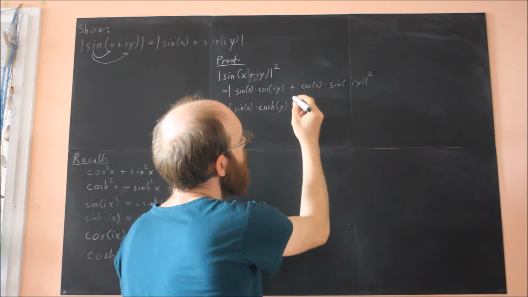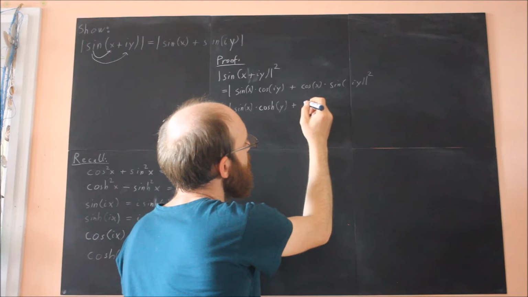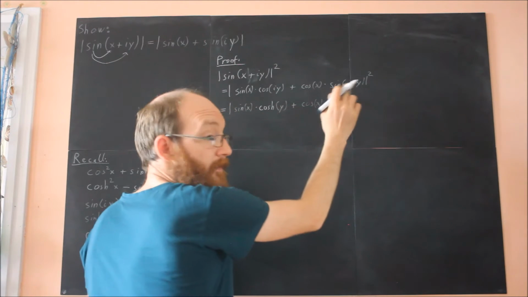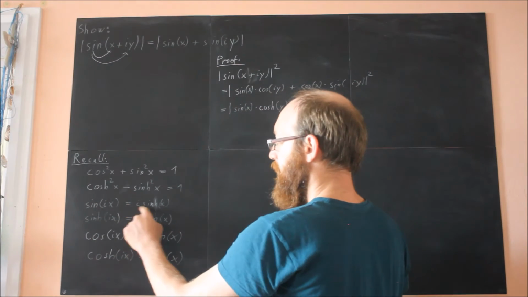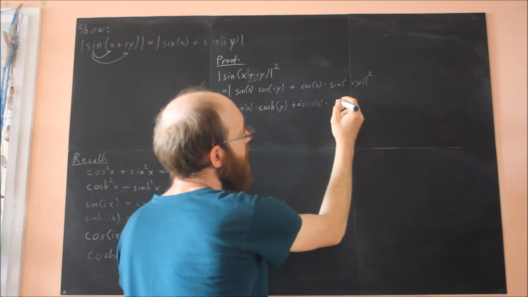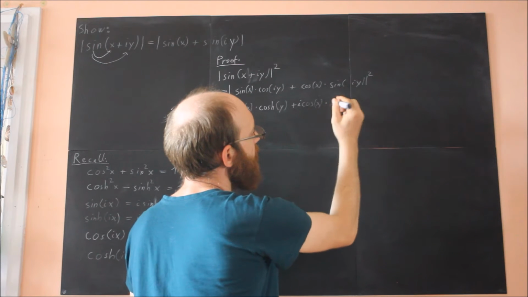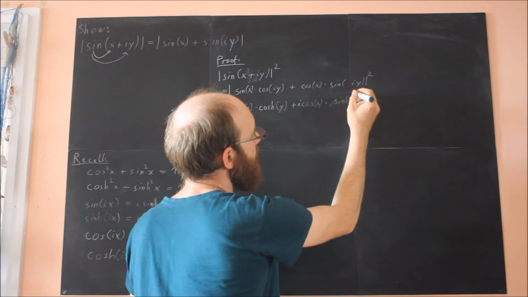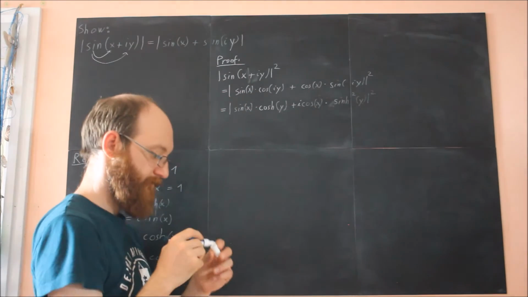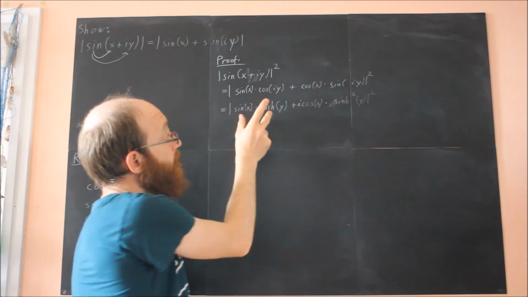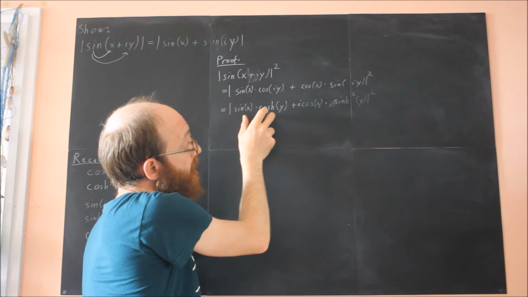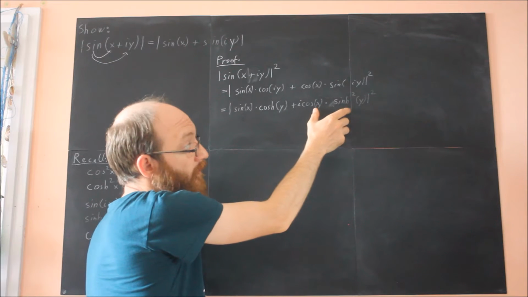Then here we have plus cosine x times sine of iy, which is i times hyperbolic sine, so I put the i here, and then hyperbolic sine of y. Okay?